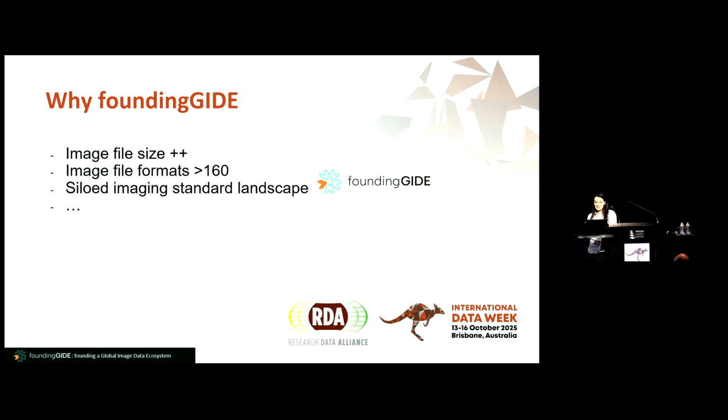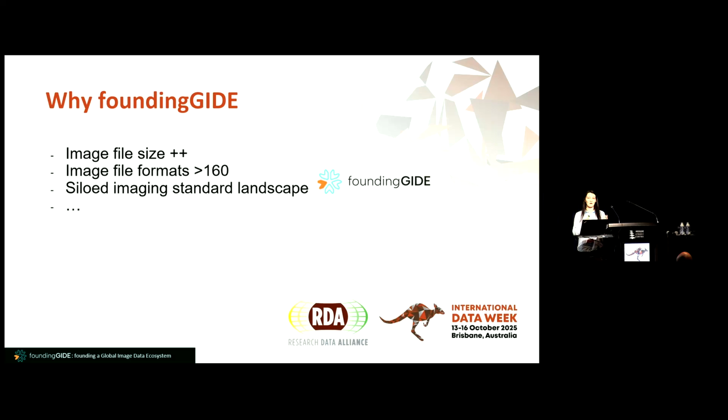Well, why FAIR-GIDE? Imaging is having a few challenges, and this is not a very complete list, but some of them are the image file size. As technologies keep developing, the individual size of every image is increasing, and each image contains, of course, metadata about the conditions of how the image was taken.